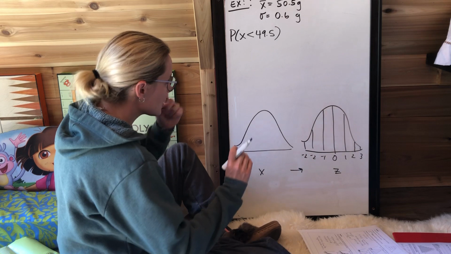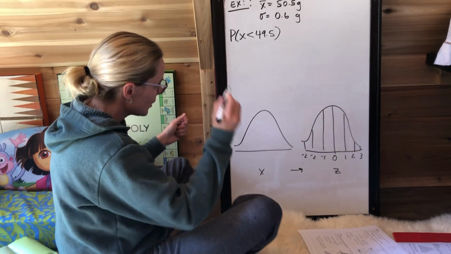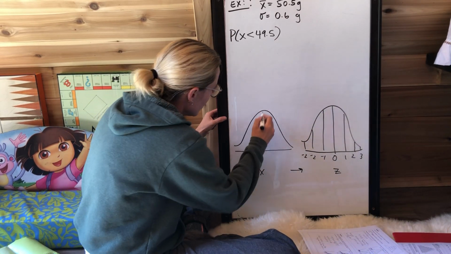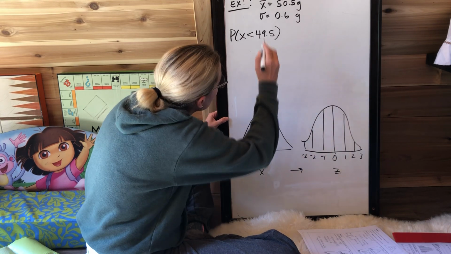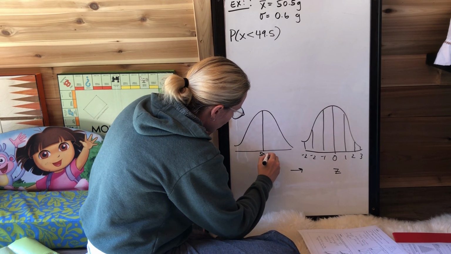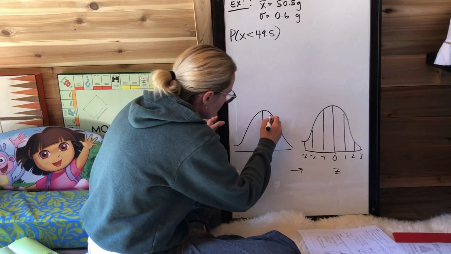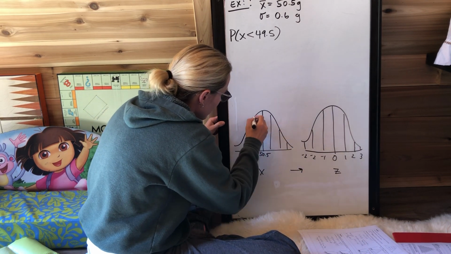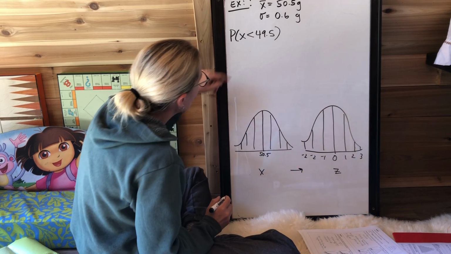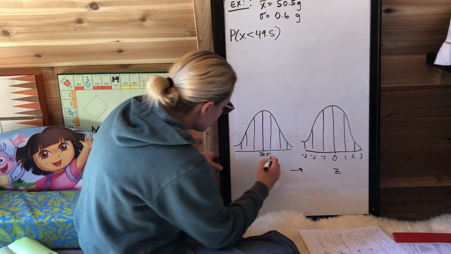Well, what does our specific X distribution look like? Every single time you draw the mound, you're going to put the mean right in the middle, 50.5. And then you're going to add 3 standard deviations and subtract. 1, 2, 3. 1, 2, 3. So I need to add 0.6 3 times.